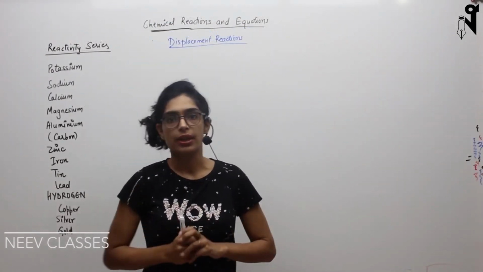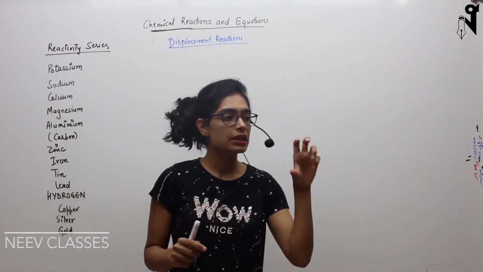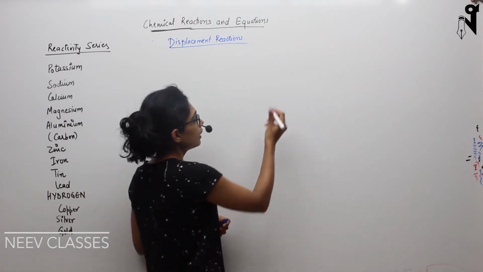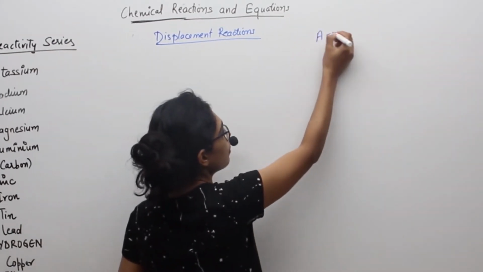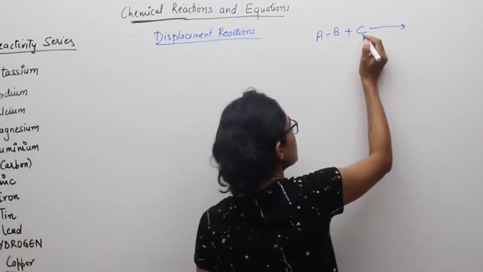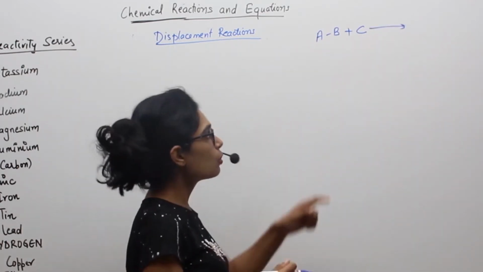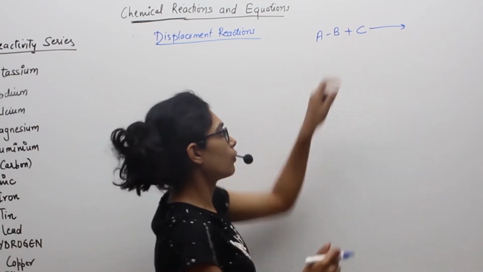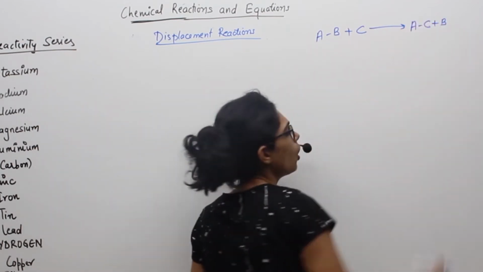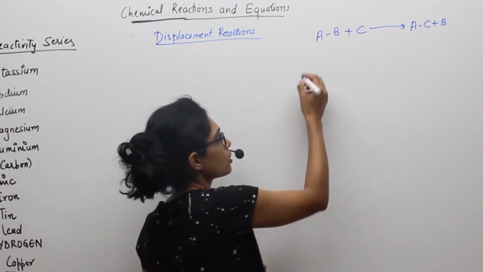As the name suggests, displacement means displacing one thing from another. For example, if I have, let's say, AB, and then C comes from somewhere, and it has enough strength to displace B out of it, the new compound will become AC plus B. Or you can also think of it this way.